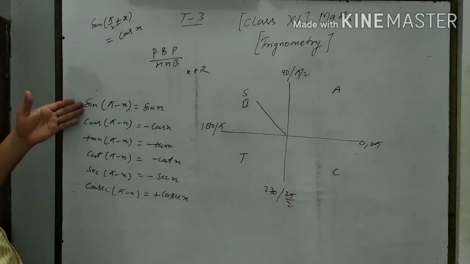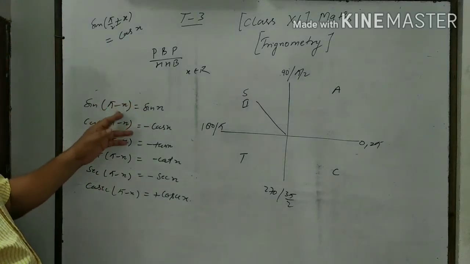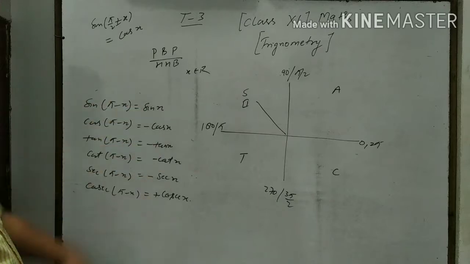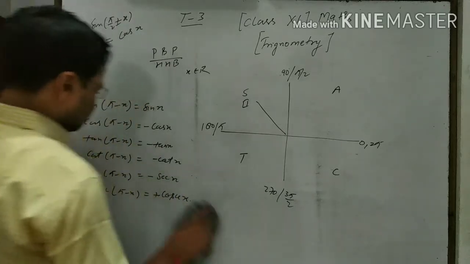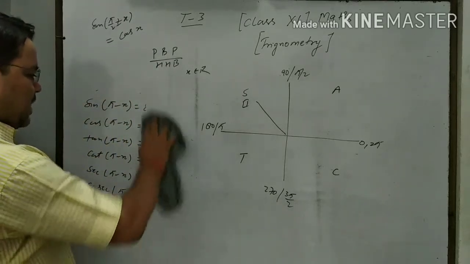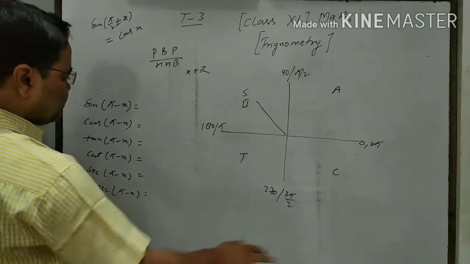So this way, the six trigonometric functions in the case of pi minus x will be like this. Now let us talk about pi plus x.